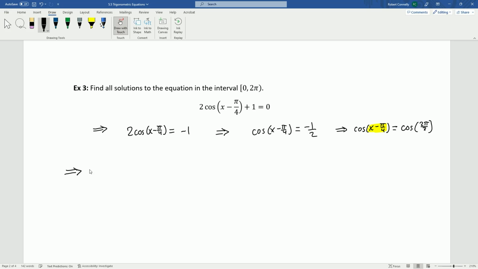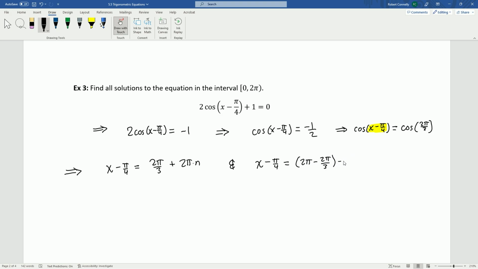So we get two sets of equations: x minus pi over 4 equals 2 pi thirds plus any 2 pi multiple of an integer, and x minus pi over 4 equals 2 pi minus 2 pi thirds.